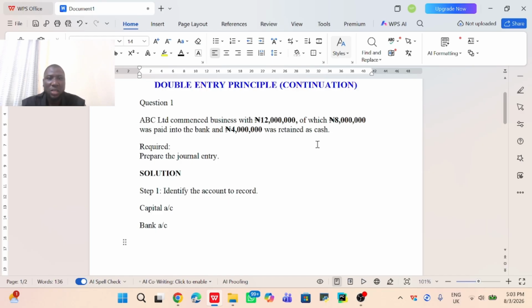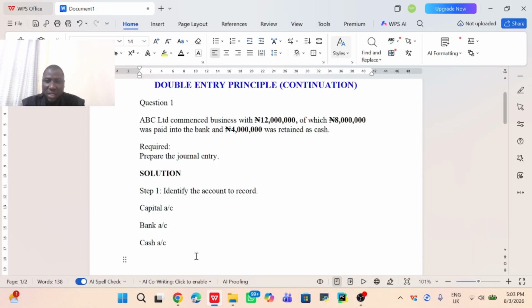Another one is cash, because 4 million was retained as cash. So these are the three accounts that our transaction will affect, right?